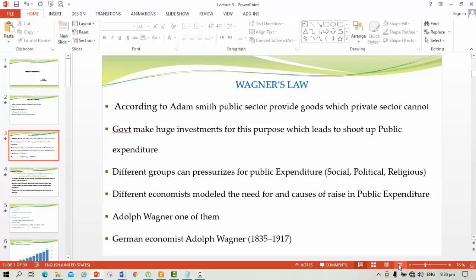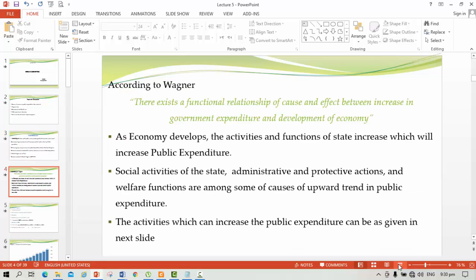He was a German economist. According to Wagner, there exists a functional relationship of cause and effect between increase in government expenditure and development of the economy. As the economy develops, the activities and functions of the state increase, which will increase the public expenditure. This is the main theme behind Wagner's law.